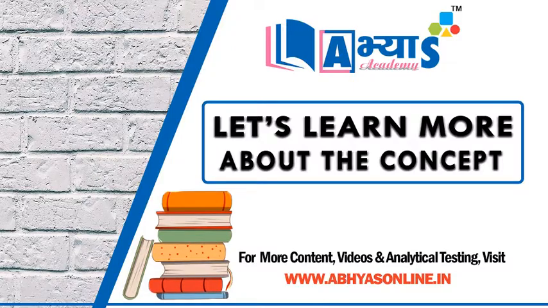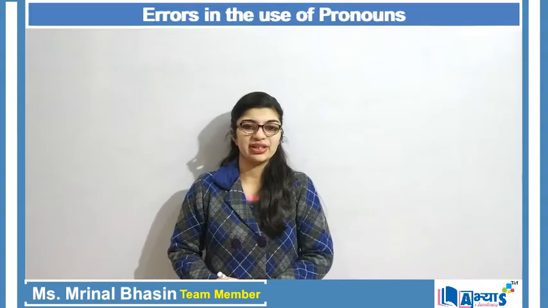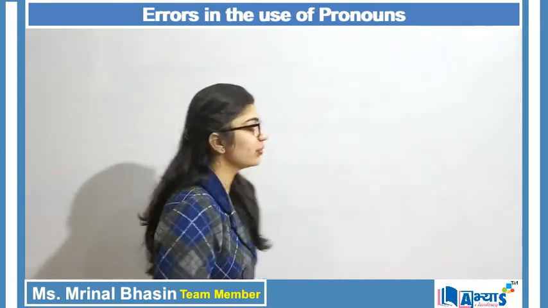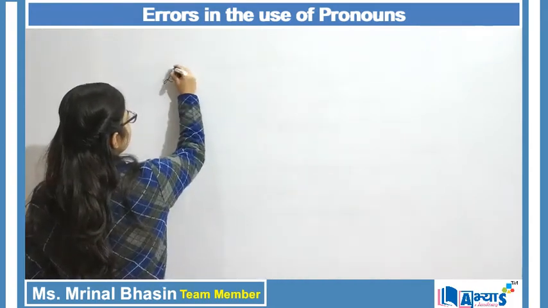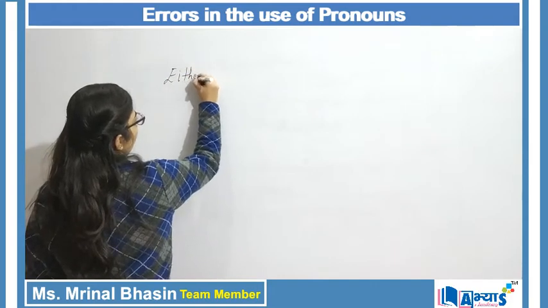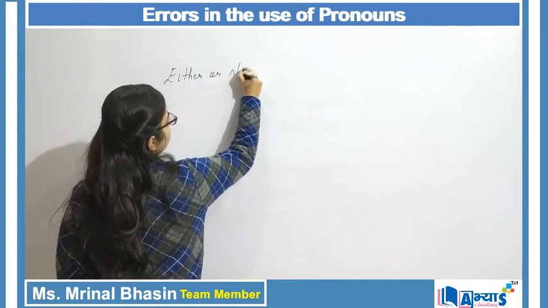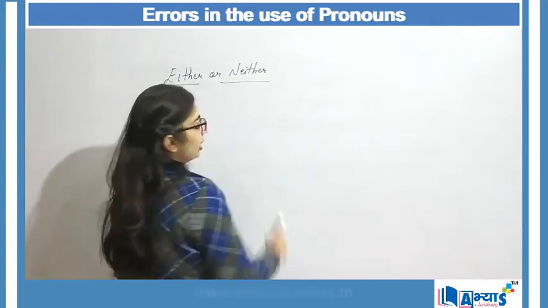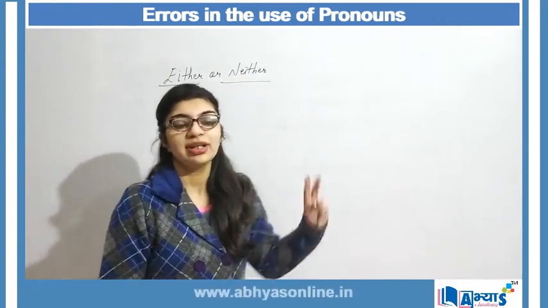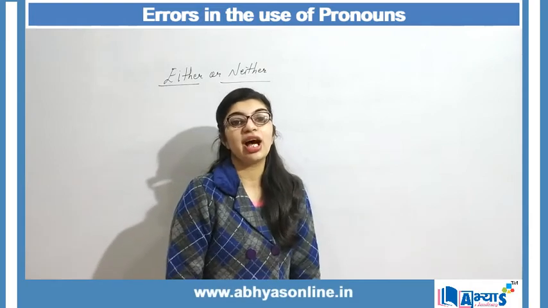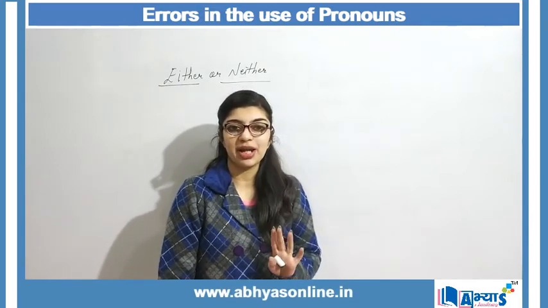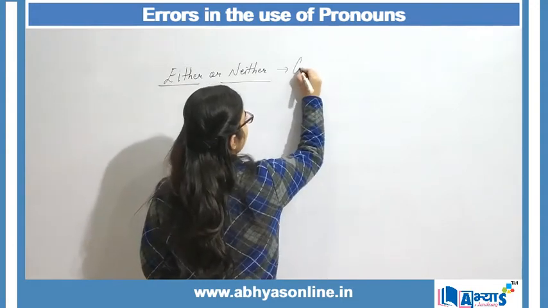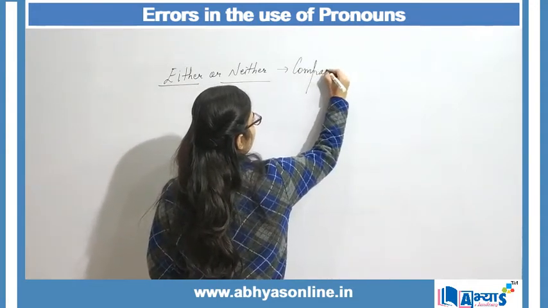Now the next important, or we can say general, mistake that is made in pronouns is while using either or neither. Whenever we are making use of either or neither, always remember that either and neither are used for making a comparison between only two people.